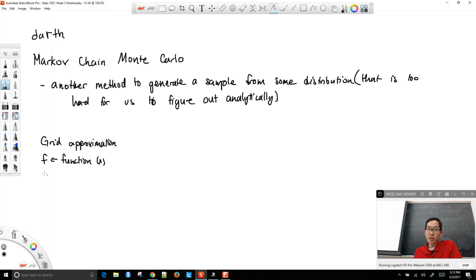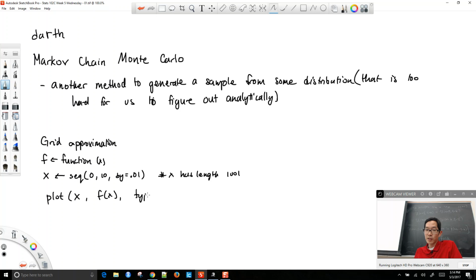Oftentimes we'll say x is a sequence from, I don't know, 0 to 10, by 0.01 or something. And so now x has length 1001 or something like that. Then we plot x versus f of x, and we say type equals L.